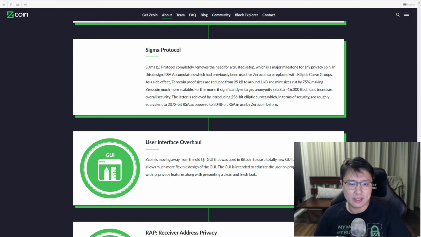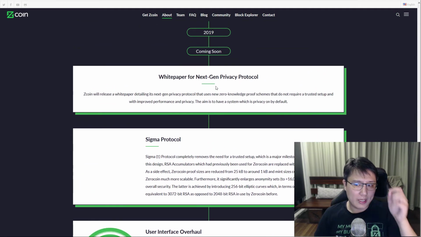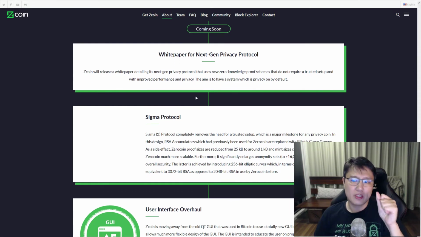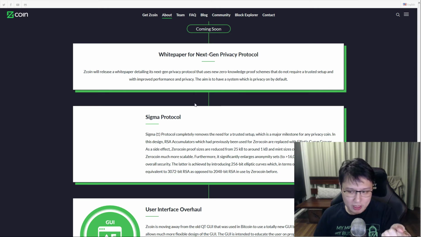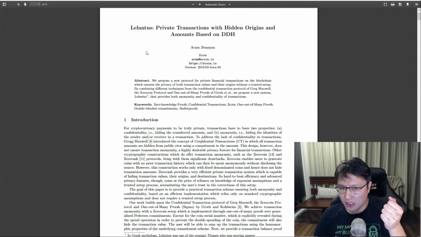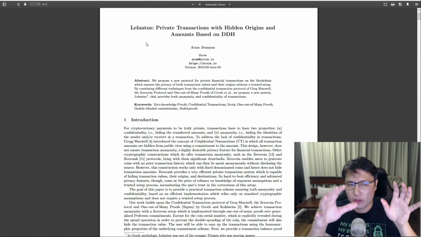What is Lelantus? Remember that last thing that we talked about, the requirement for fixed denominations. This is actually really important. It has many implications on privacy, and also on usability and scalability. Lelantus builds on Sigma.